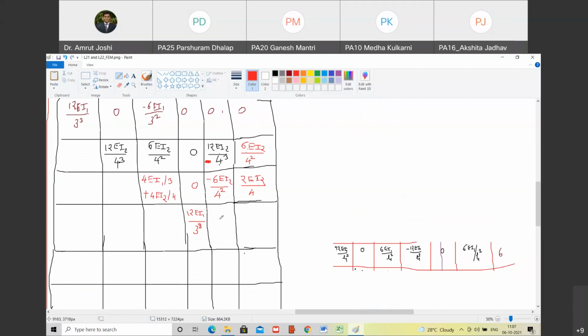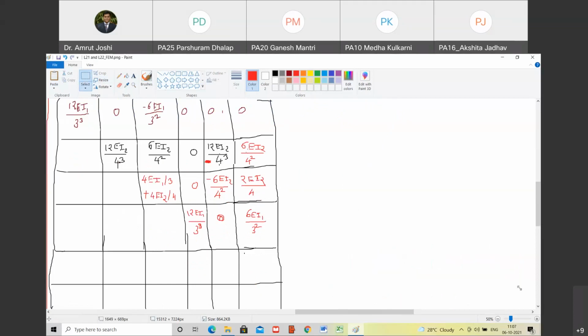Then we have 0 here, right? And then we have 6 EI1 upon L1 square, that is 3 square. Correct? Yes, sir. Great. This sixth row is done.